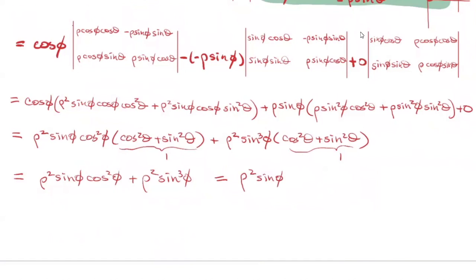Because then what's left is a cos square phi plus a sine square phi. So in the end, that's just rho square sine phi. So that's our Jacobian.